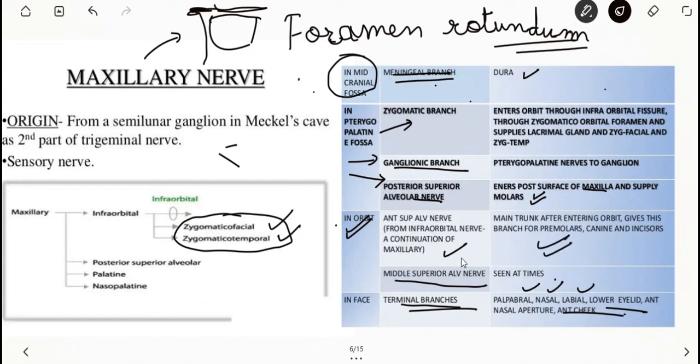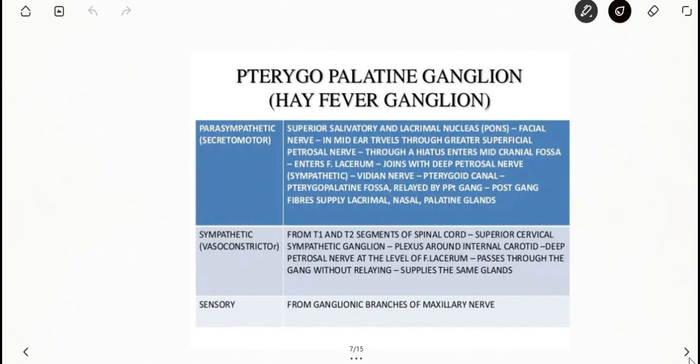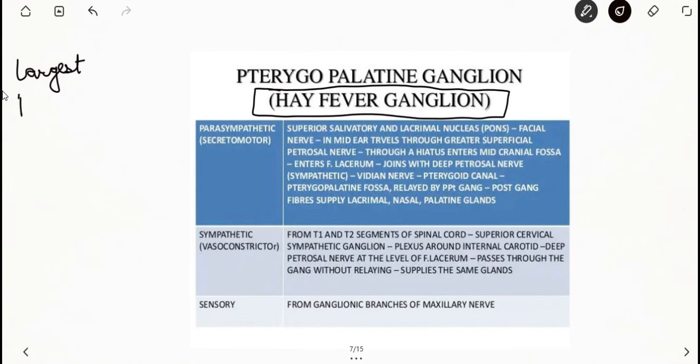nasal cavity. Coming to the pterygopalatine ganglion, it is also known as hay fever ganglion. So which ganglion is hay fever ganglion? It is pterygopalatine ganglion. Which ganglion is the largest parasympathetic ganglion? It is the pterygopalatine ganglion.